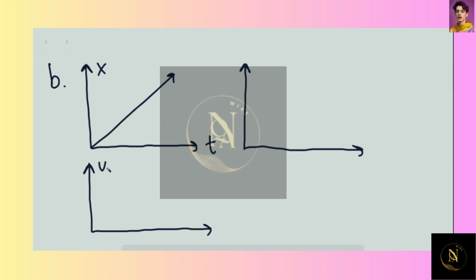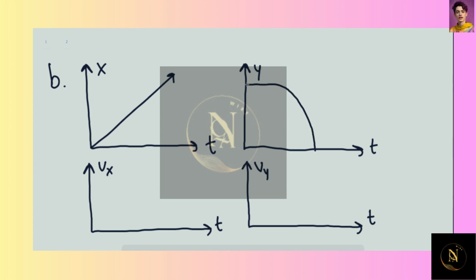This would be velocity in the x direction with respect to time. This would be y with respect to time. And then here, velocity in the y direction with respect to time. This would have somewhat of an upside down parabolic shape. That's essentially a quick sketch.